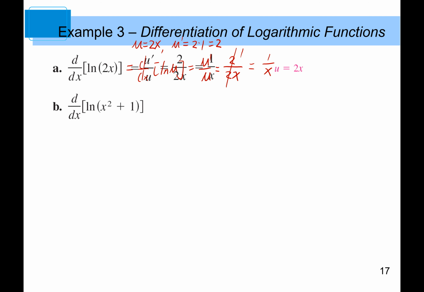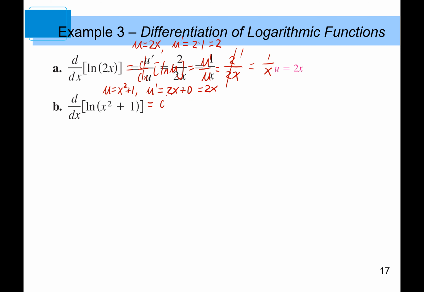Second one, we have Ln of x squared plus 1. In this case, u must be equal to x squared plus 1. So u prime, the derivative of x squared using the general power rule, is going to be 2x. Derivative of 1 becomes 0. So eventually just 2x.